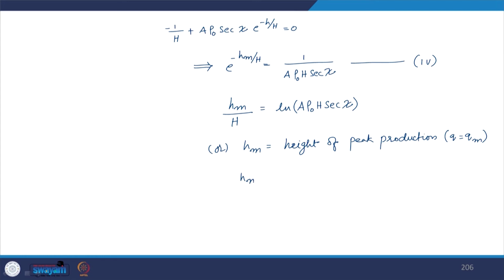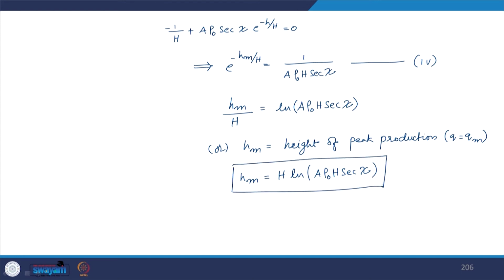So hm is H times ln of a rho naught H secant chi. This is valid for any solar zenith angle, any chi.